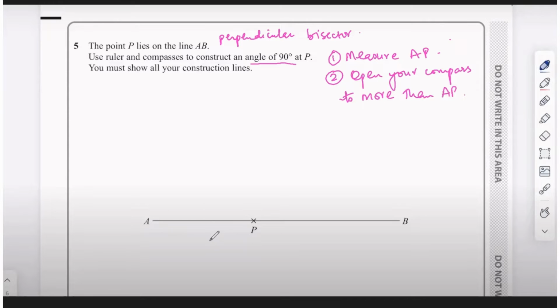So let's say if AP is 3 centimeters, supposedly you will open your compass to 4 centimeters or 3.5 centimeters.